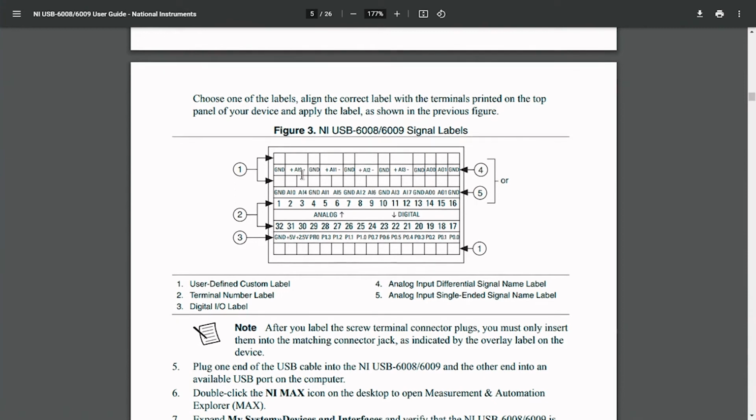But if we require differential information, then it supports up to 4 channels. Plus and minus indicate the positive terminal and the negative terminal in case of differential data.